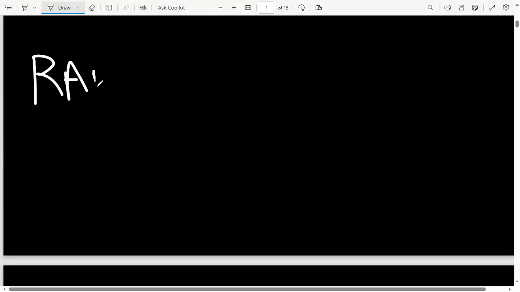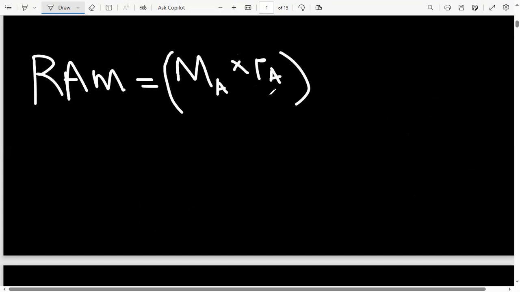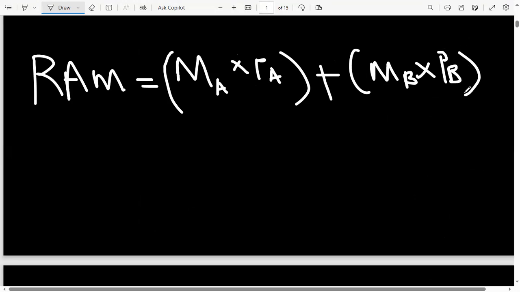So relative atomic mass is just equal to the mass of isotope A multiplied by the percentage of isotope A, and then you put them in brackets like this, and then you say plus the mass of isotope B multiplied by the percentage of isotope B. Okay, so if you have 3 isotopes, you continue, say plus the mass of the next isotope multiplied by its percentage, right?